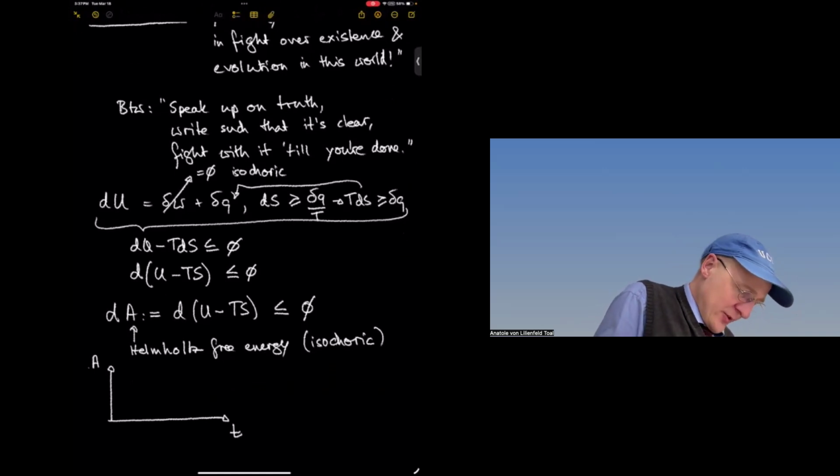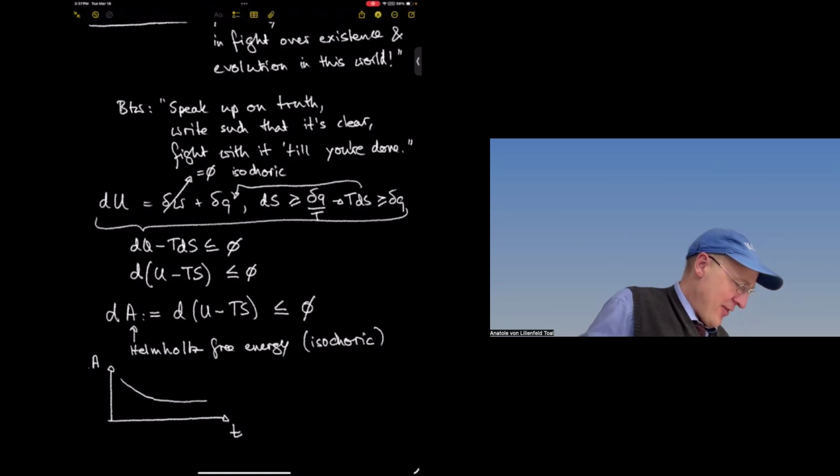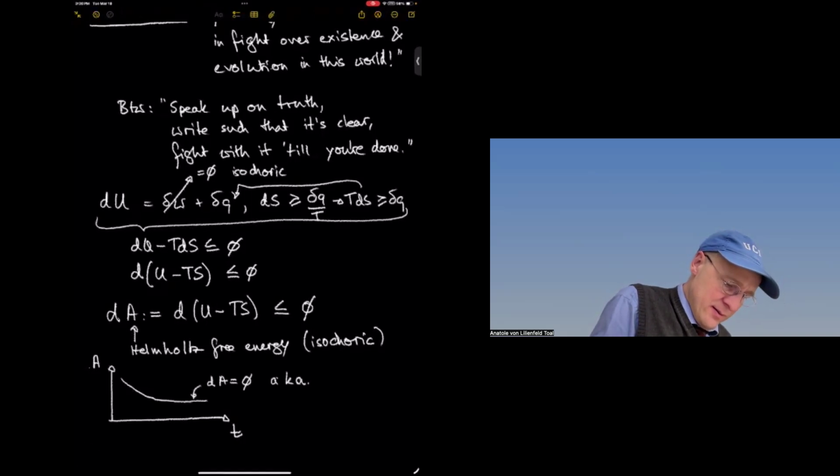And then you see your A is changing, so the dA is smaller than zero. So your A is going down, and at some point it levels off, and then nothing happens anymore. And so that's the dA equals 0 regime, also known as equilibrium.